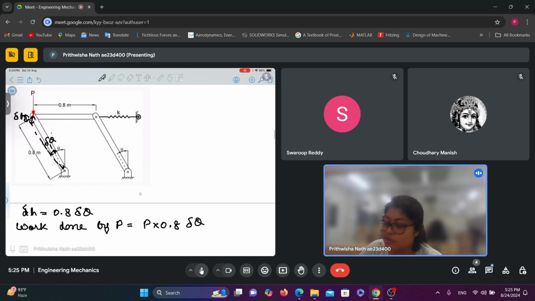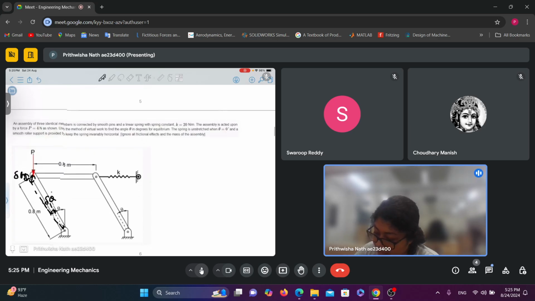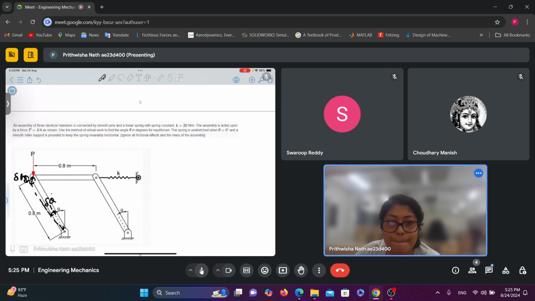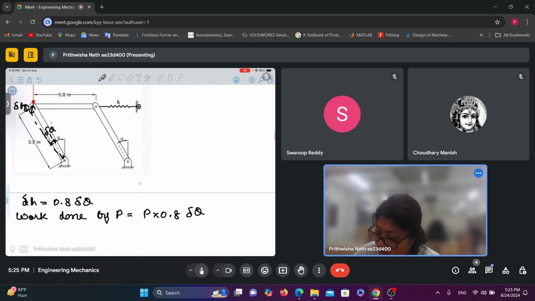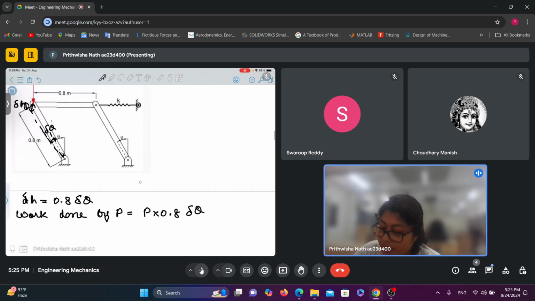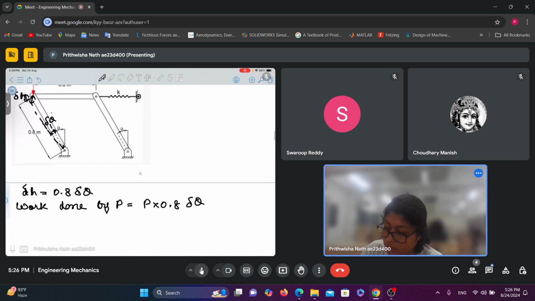Now there is also a spring attached to the system, and it is said that at theta equals 0 the spring is unstretched. So we can say that in this configuration the spring is in stretched condition, right? Since theta is not equal to 0. Now what can I write? Now potential energy in the spring.